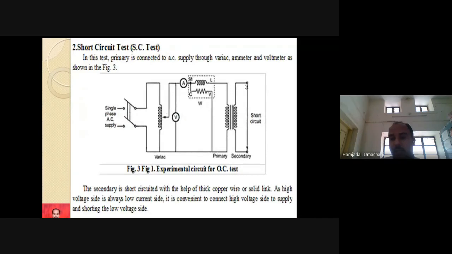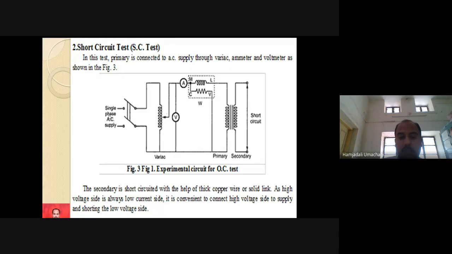Whereas in the short circuit test, the secondary should be completely short circuited using thick conducting wire or any copper wire, and the secondary winding should be LV, low voltage winding. Is it clear? And the rest of the meters are going to remain the same.